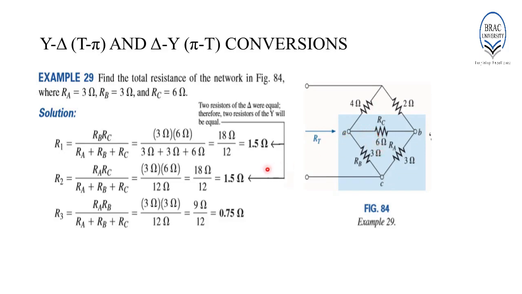In the given solution, the latter delta configuration, that is the one forming with 3 ohm, 3 ohm and 6 ohm has been used. So, using the formulas which we have discussed in the previous slides, this delta configuration has been converted to a Y configuration. The values of R1, R2 and R3 are as follows.